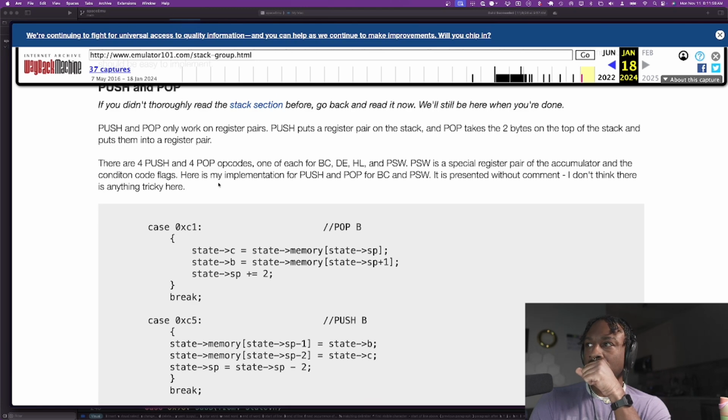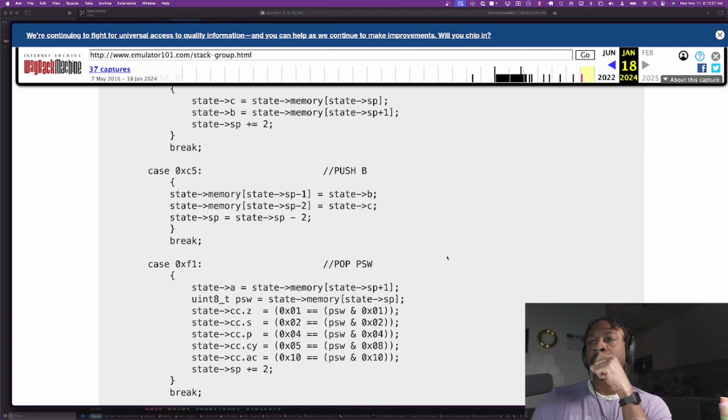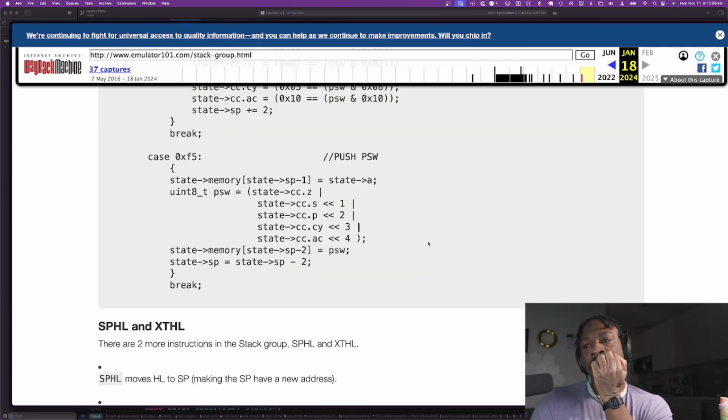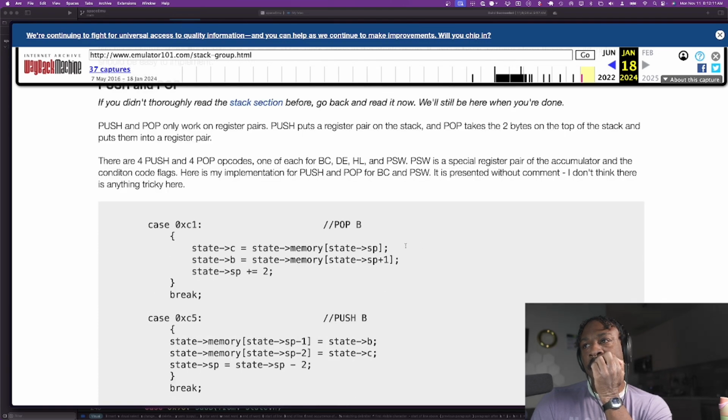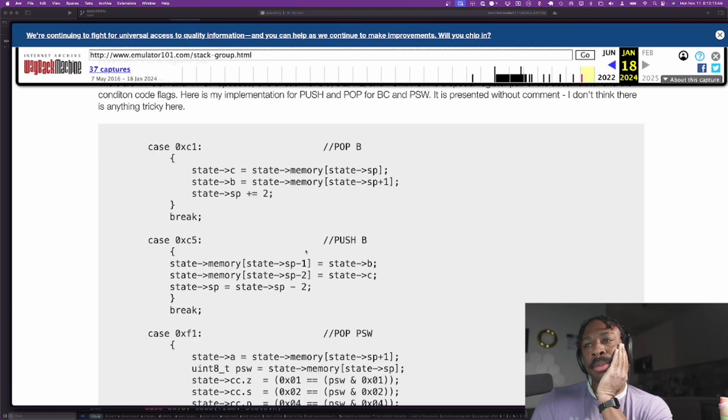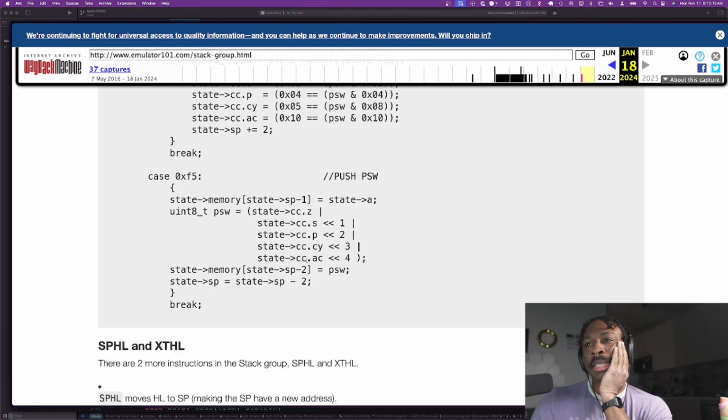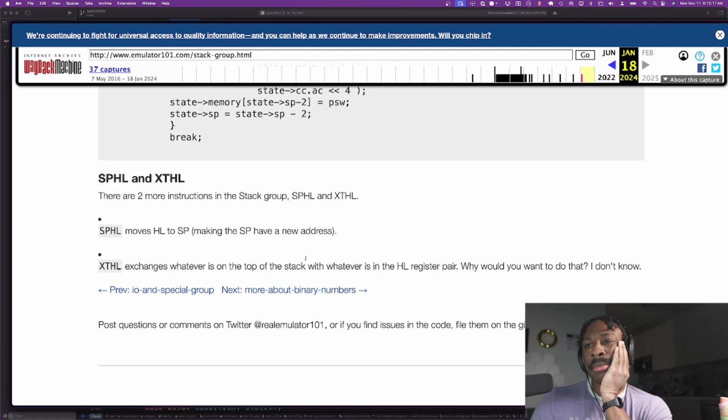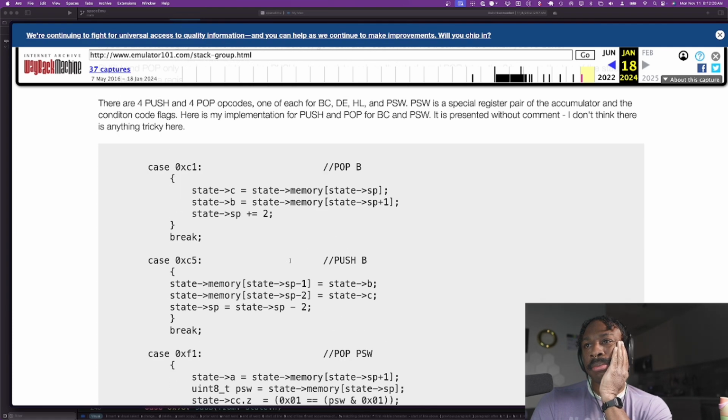Okay, this is just some examples on how to do push and pop for certain registers. This seems pretty straightforward.